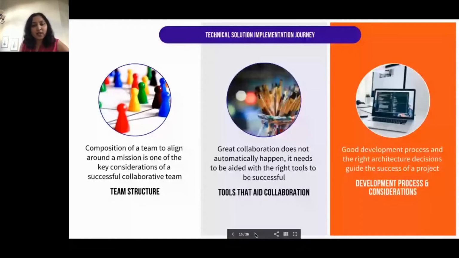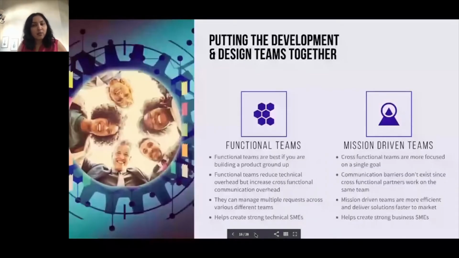So the first one is the team structure itself. There are many ways to organize teams depending on your organization's composition, but I want to talk about 2 prominent methods here. One is functional teams, and the second is mission-driven teams. Functional teams are usually common during the early stage of a company or even when you're building a platform or a solution ground up.